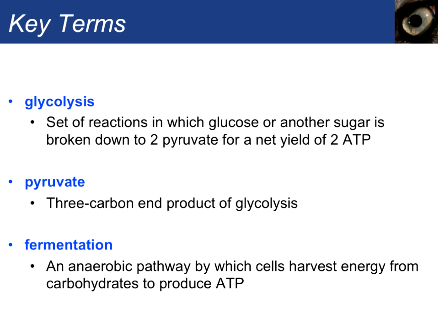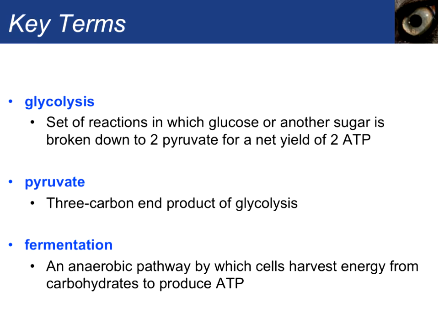So these 2 terms you need to know well. So first, glycolysis. This is the set of reactions in the cytoplasm in which glucose or another sugar is broken down to 2 pyruvate for a net yield of 2 ATP. So the next one is pyruvate, which is a 3-carbon end product of glycolysis.